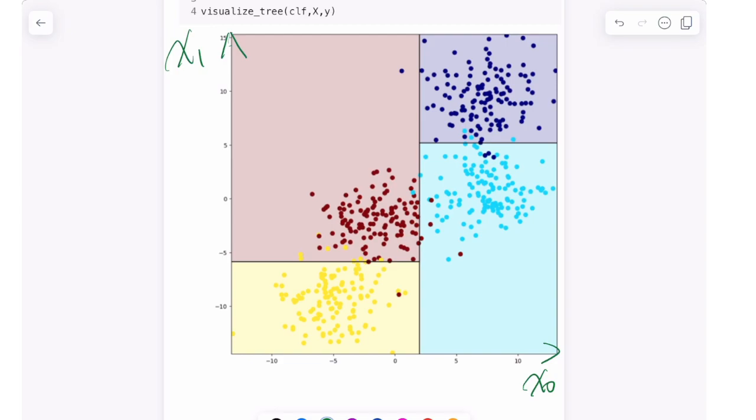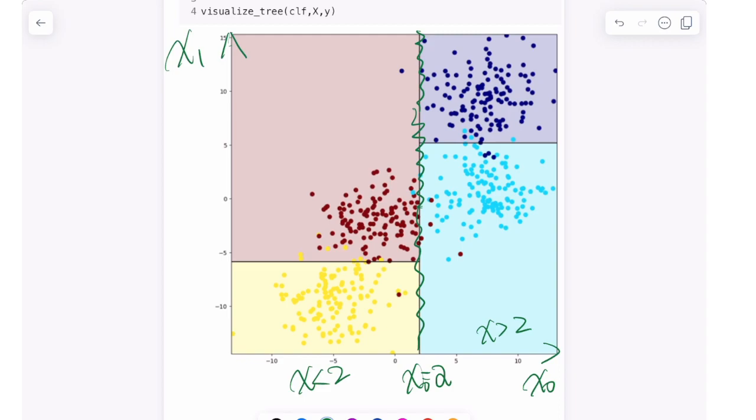We can first evaluate this line. This line may be x0 equals 2, right? And we can separate this plane into two parts, subspaces: that is x larger than 2 and that is x smaller than 2.